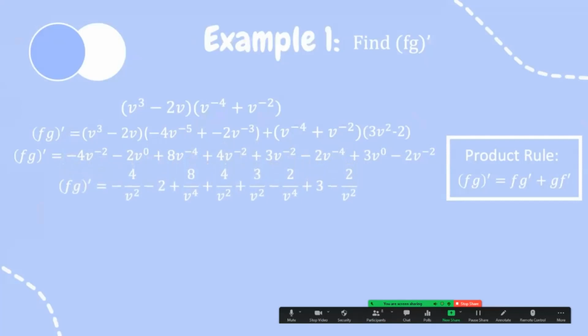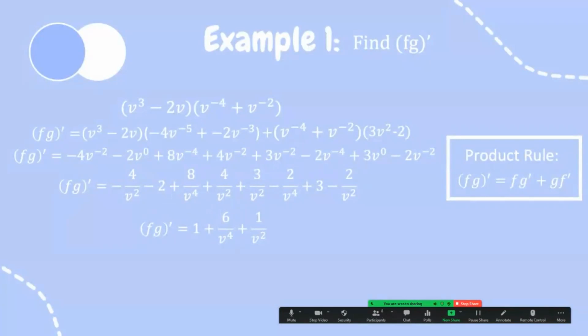So negative 4 divided by v squared minus 2 plus 8 divided by v to the 4 plus 4 divided by v squared plus 3 divided by v squared minus 2 divided by v to the 4th plus 3 minus 2 divided by v squared.